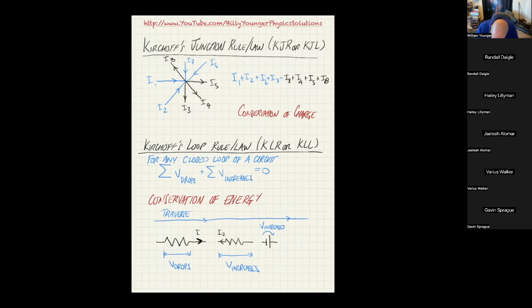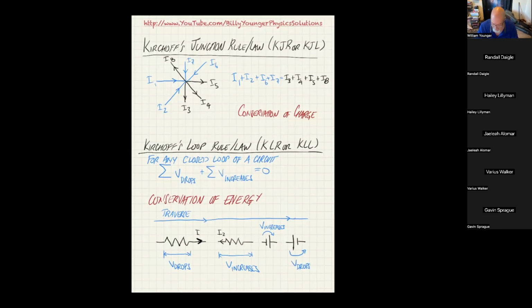And if you traverse a battery that's oriented this way, then this is a voltage drop. So those are the rules that you have to make sure you stick to when you're doing Kirchhoff's loop rule. If you don't stick to them, you will get errors. In other words, you won't get the right answer.